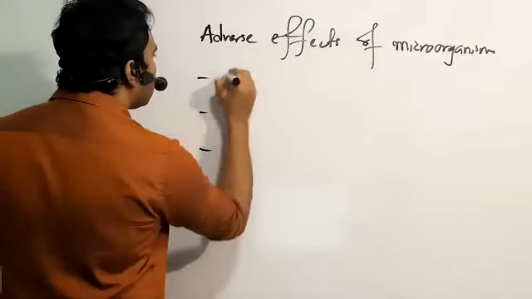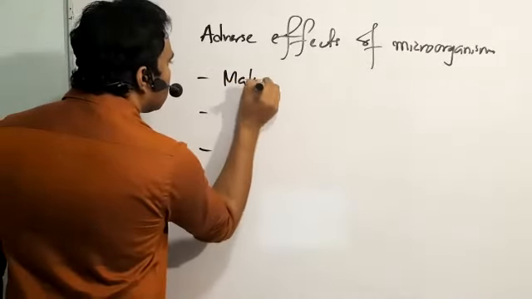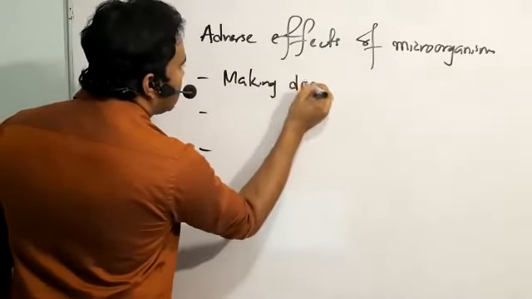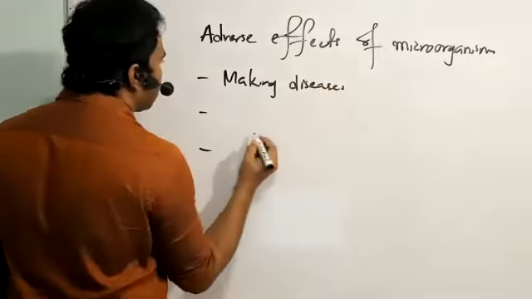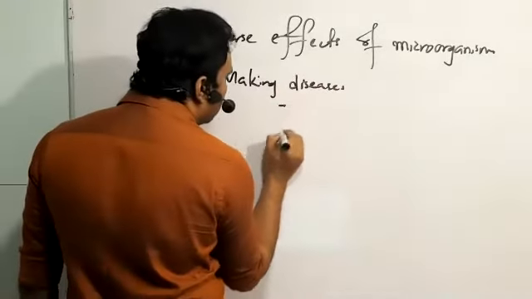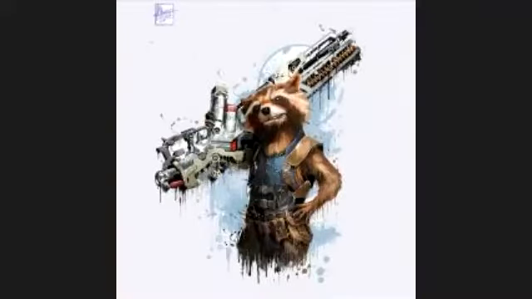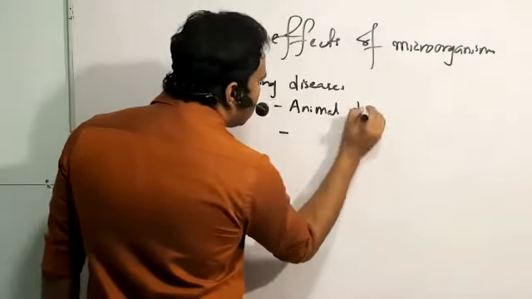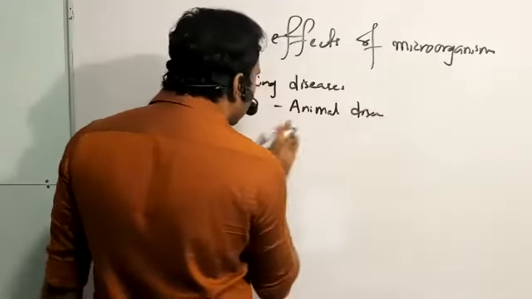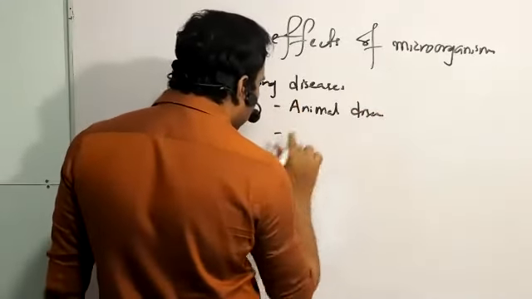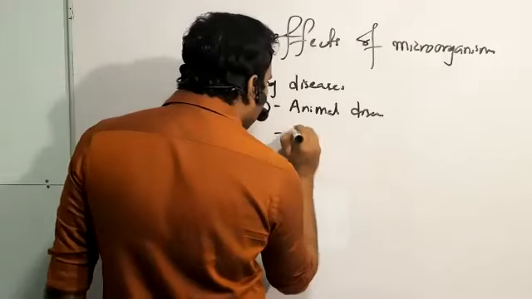One is making diseases. So what are the main two types of diseases? Animal diseases and plant diseases.